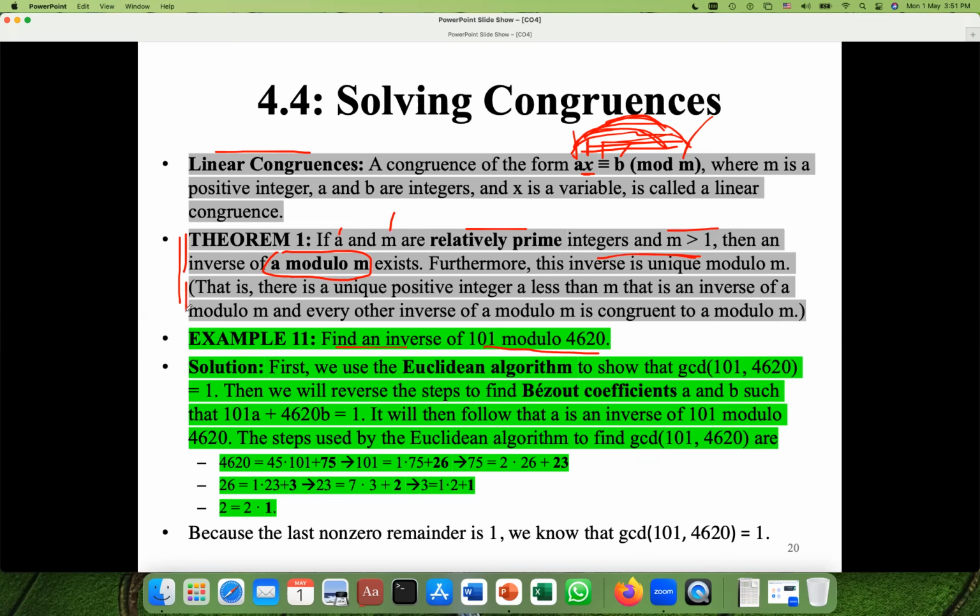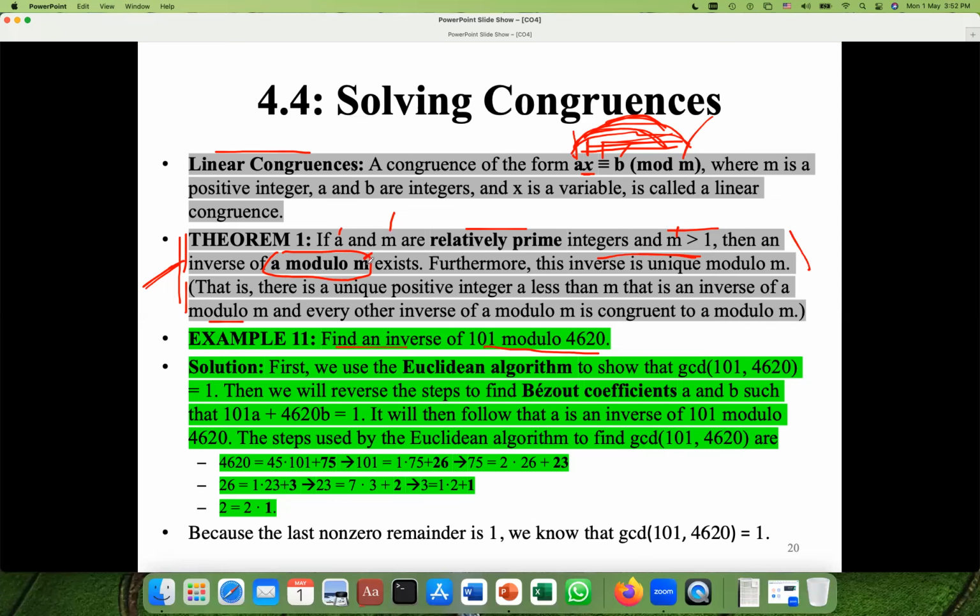But this is an illustration, a further explanation of these two lines. What these two lines are saying: there is a unique positive integer, so there are no negatives, just 0, 1, 2, 3, 4, less than M, that is an inverse of A modulo M. So that inverse, that will be the solution, would be less than this M, and that would be unique.